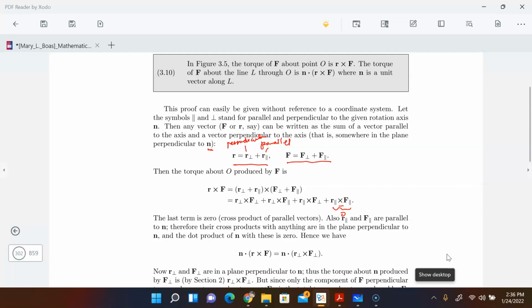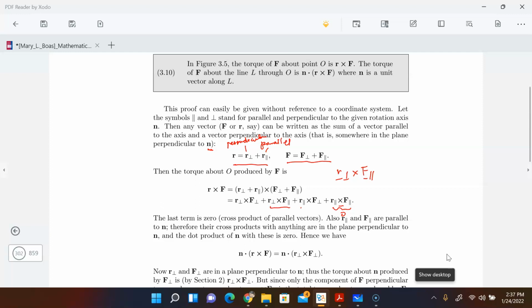And then again, one could also use the fact that, let's take this vector for example. R perpendicular cross F parallel.